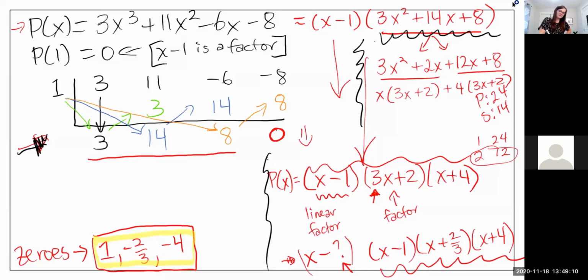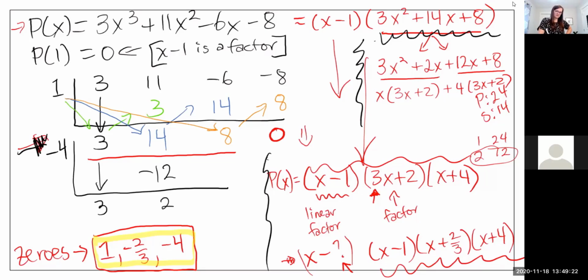So if I found -4, that means I could long divide by that -4, or synthetically divide, and it should give me all the same result. Right? 3x plus 2, which is what is resulting after that. So this is fine, the zeros are fine.